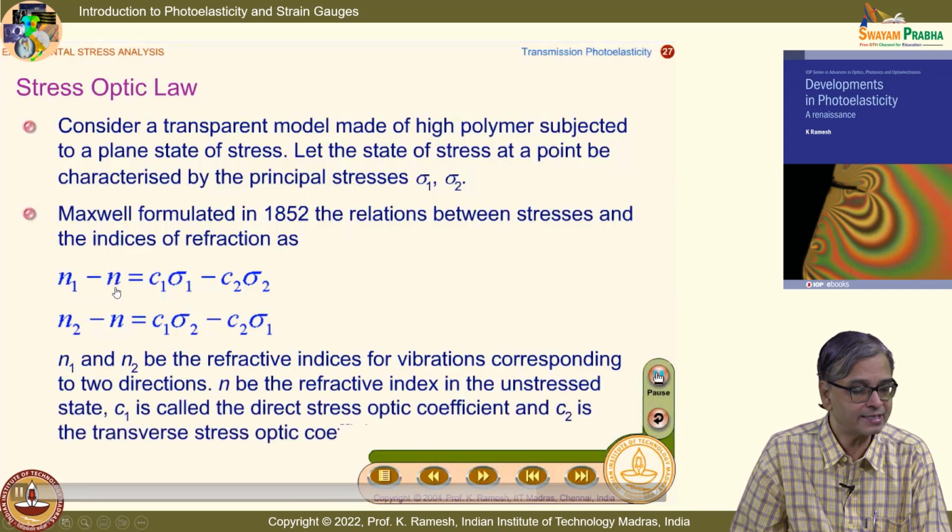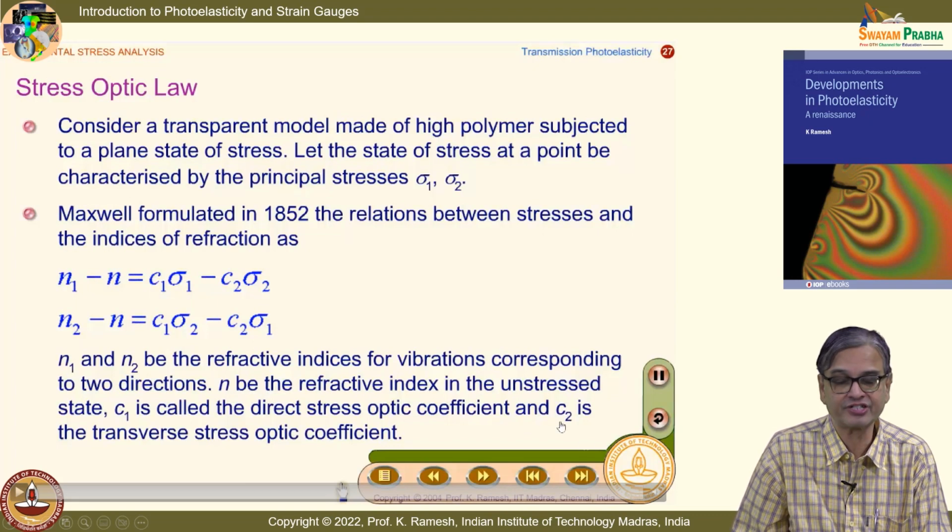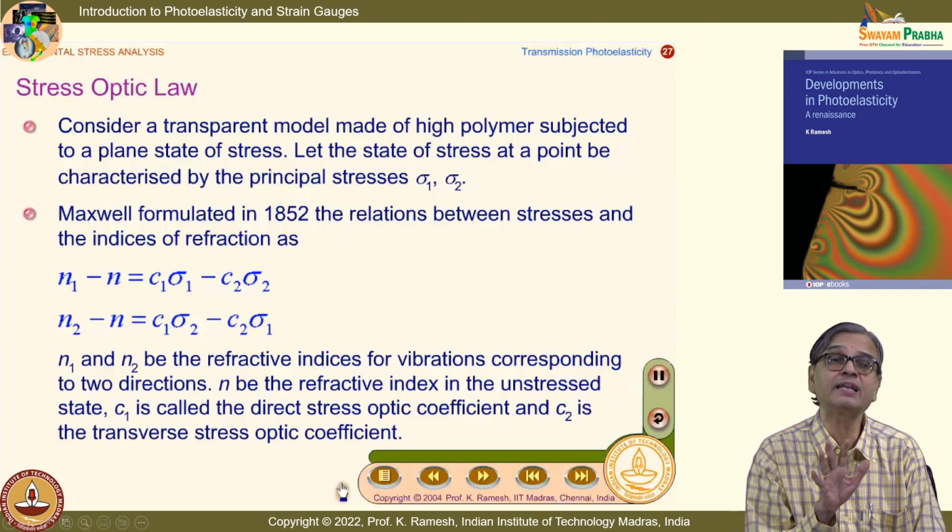So n1 minus N is related to C1 sigma 1 minus C2 sigma 2. n2 minus N is equal to C1 sigma 2 minus C2 sigma 1. n1 and n2 are the refractive indices of vibration corresponding to two directions. N is the refractive index in the unstressed state. See, this is an experimental observation.